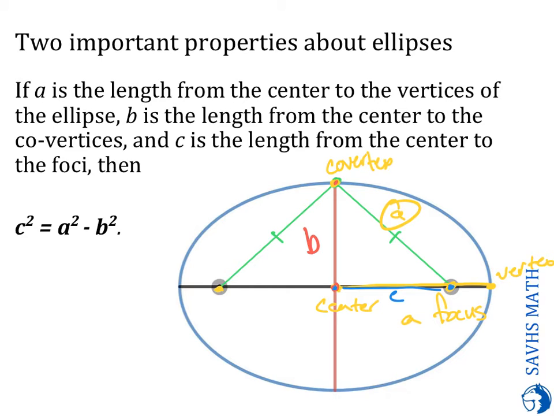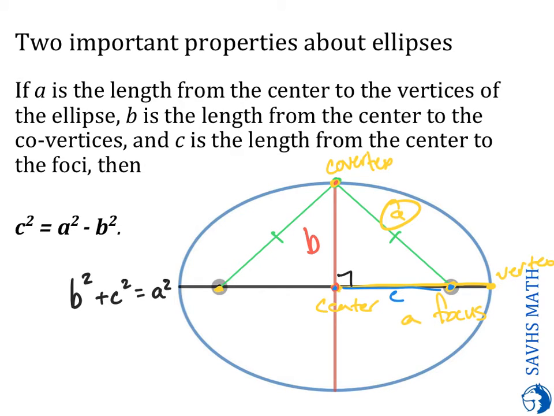It says that the sum of the squares of the two legs of the right triangle, this is a right triangle right here, is equal to the square of the hypotenuse. And so we can set up b squared plus c squared equals a squared. I know that's a different way of writing the letters a, b, and c in the Pythagorean theorem, but it's just the way that we write the letters in ellipses.